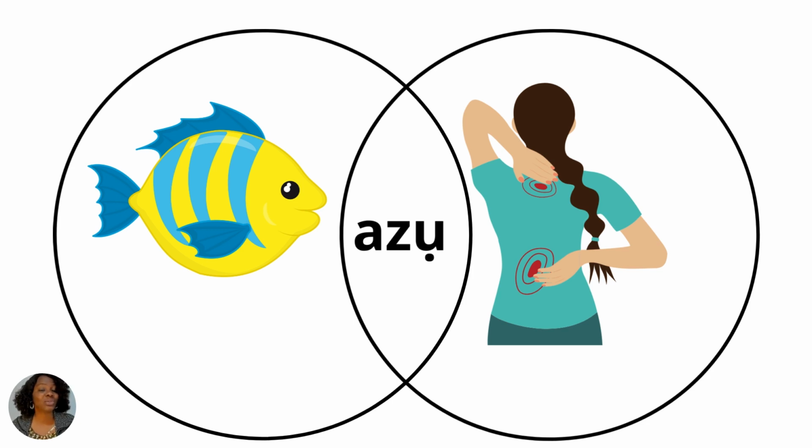In Igbo language, you have a lot of these words that are spelled exactly the same and they are pronounced differently. And sometimes the meanings are entirely unrelated, just like you can see in the case of azu, fish, and then azu, back. They are not related at all. How do you know these words? There's no other way than to practice, be in the language, expose yourself to expressions in context.